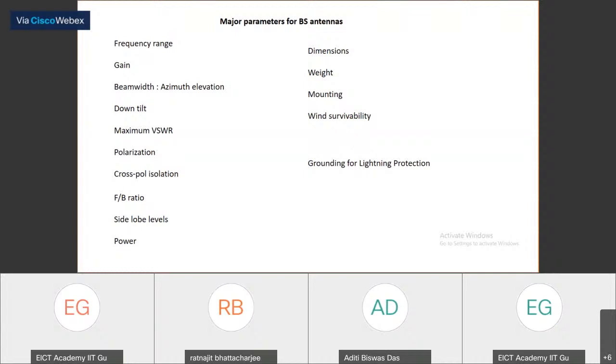We need to make provision for grounding, for lightning protection. So these are some of the mechanical aspects of base station antennas which also need to be given due consideration.